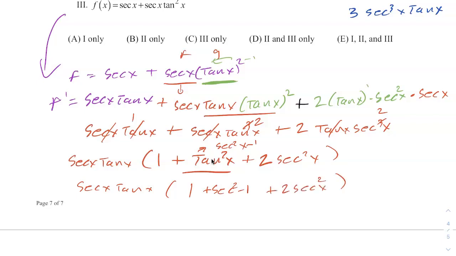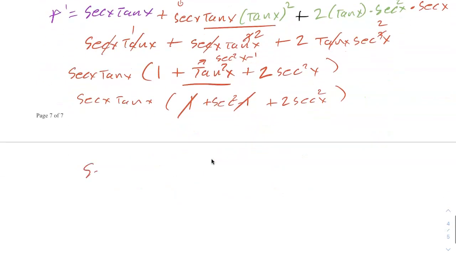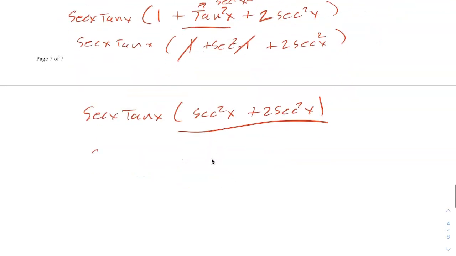Now look at it. The 1's cancel out. I'm left with secant x tan x times secant squared x plus 2 secant squared x. I could add those up and I get secant x tan x times 3 secant squared x.